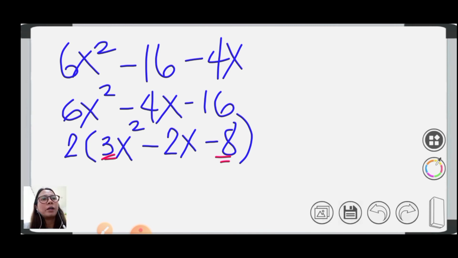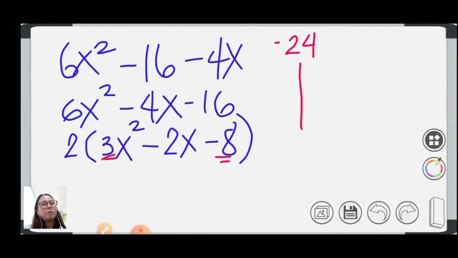That is negative 24. Let us find factors of negative 24 wherein the sum is negative 2. Since the sum is negative, the negative integers must be greater than the positive integers.